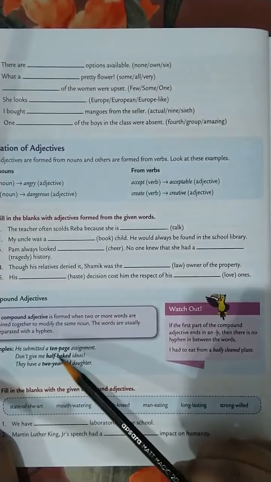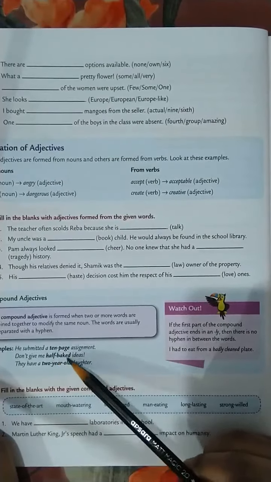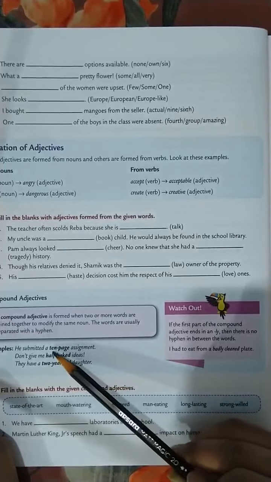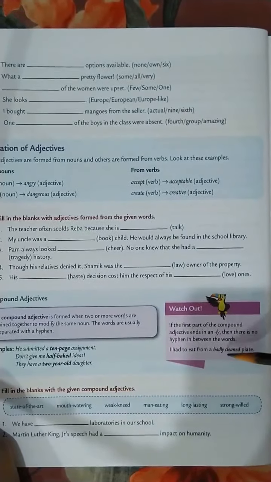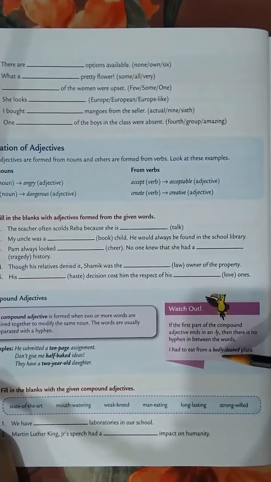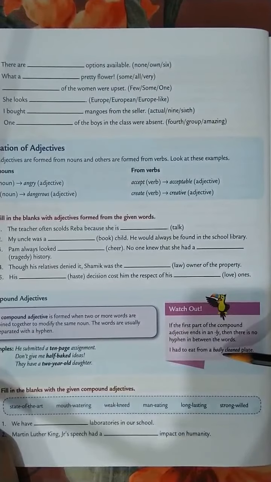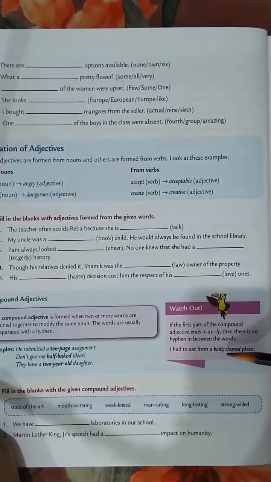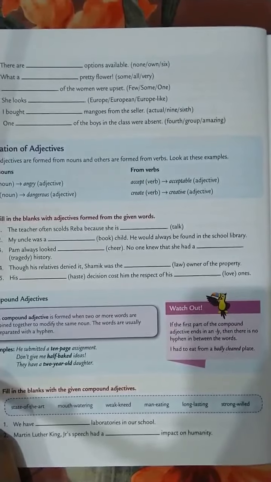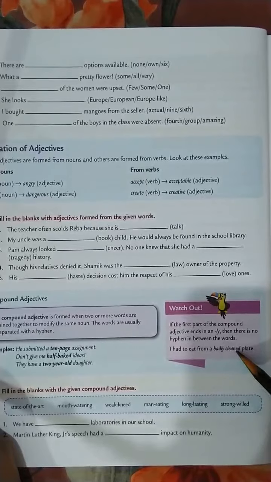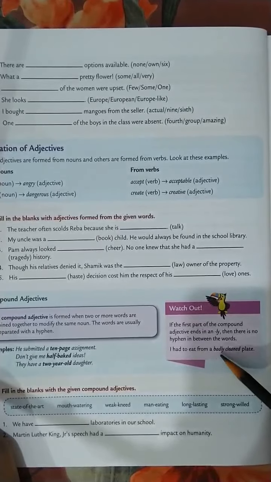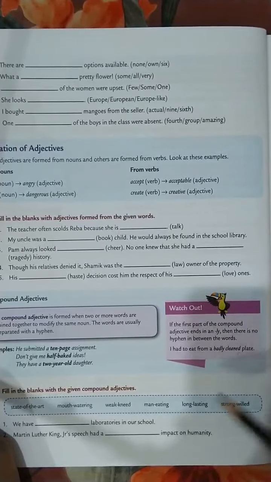Like I told you before, in 10-page and half-baked, between these two words there was a hyphen, 10 hyphen page. But when the word ends in ly, then there won't be any hyphen between the words. Like badly cleaned, there will be a space between badly and cleaned, but no hyphen.